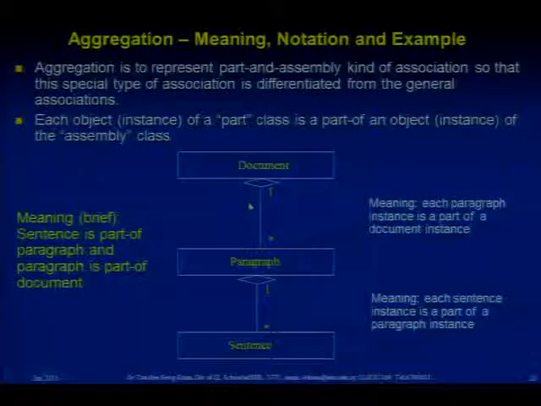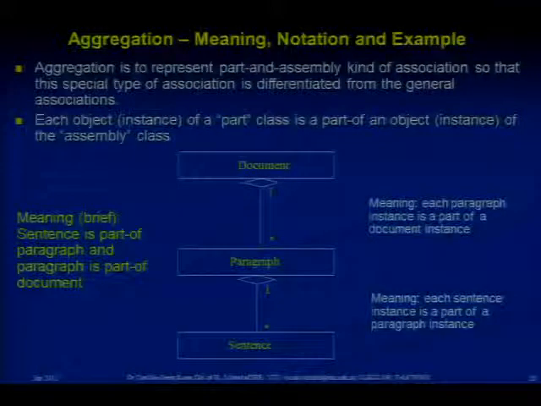Instead of putting a diamond in the center, similar to what we do in some associations, we attach a diamond to the class representing the assembly. In this particular aggregation, document serves as the assembly. A document is an assembly of many paragraphs together. So we attach a small diamond to the document, and we connect a line to the part, to the class representing parts, to show that paragraphs are part of documents.